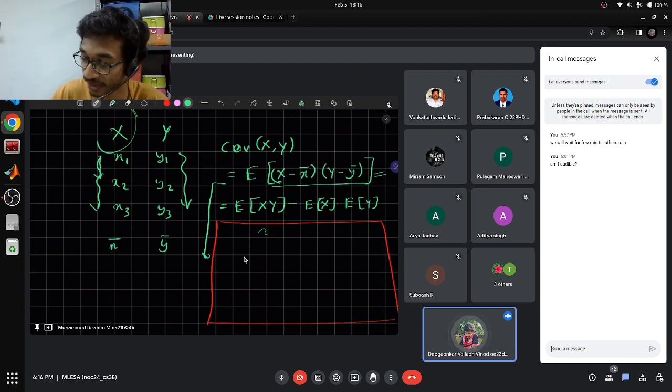So you have to essentially take the first data point x1 minus the mean of the x's times the weightage of x1 comma y1, because those are the corresponding values for it.